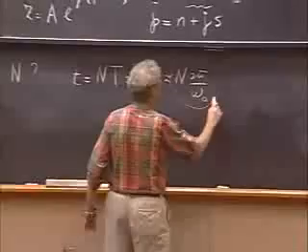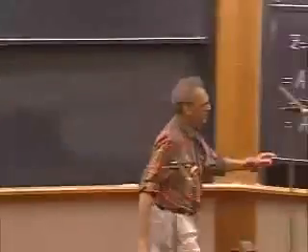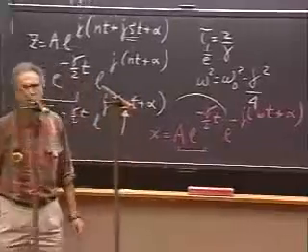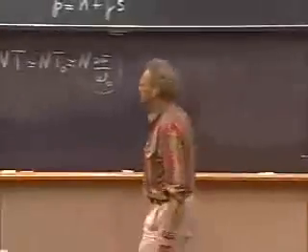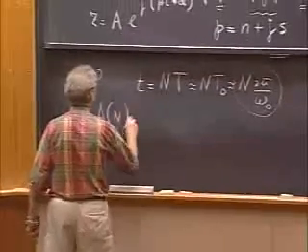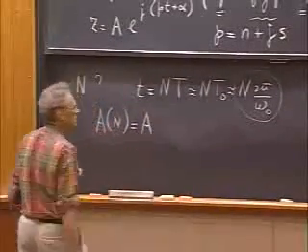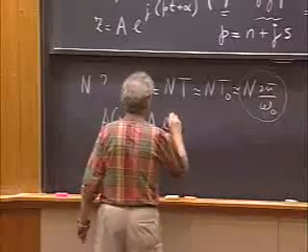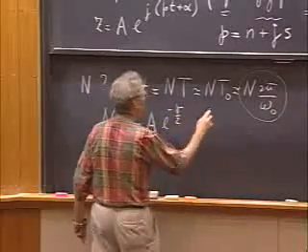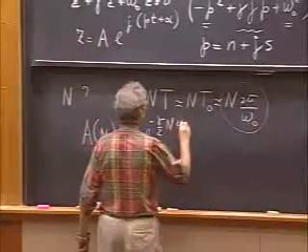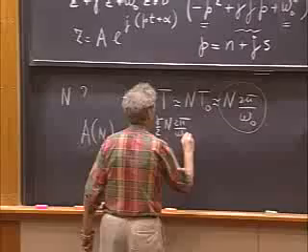I can now substitute this time in this T and only concentrate on that decay portion, that early part. So what I find then, that A, after n oscillations, is A times e to the minus gamma over 2 times this time after n oscillations, n times 2 pi divided by omega 0.